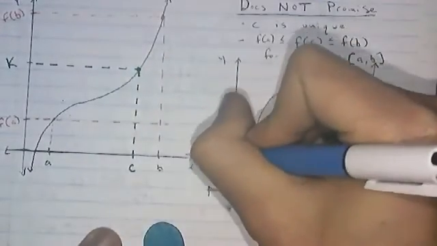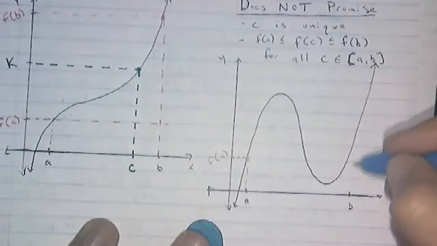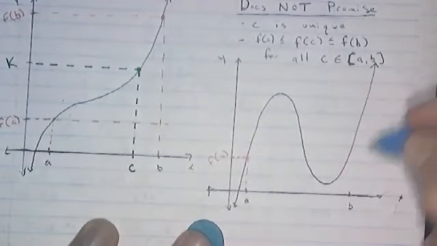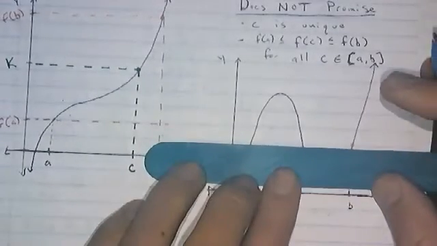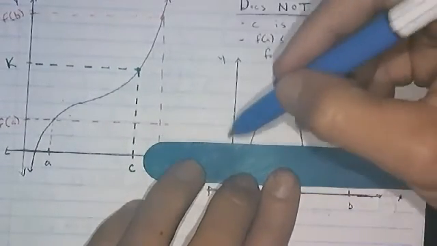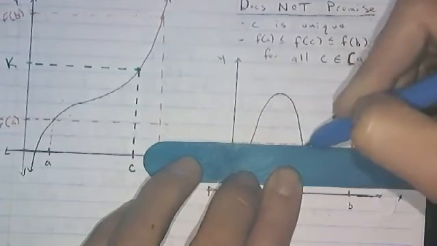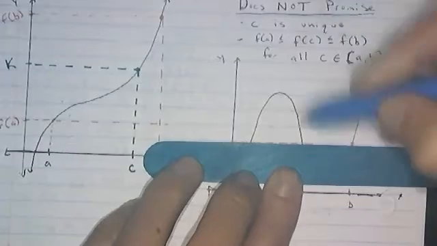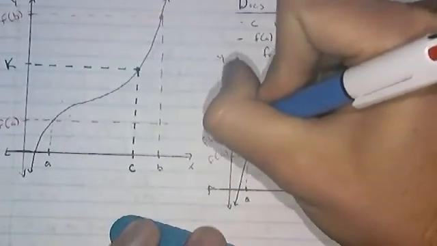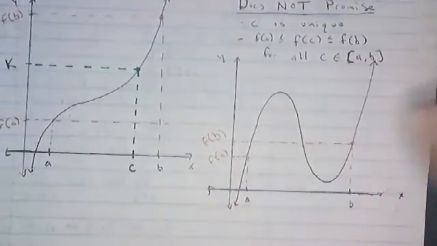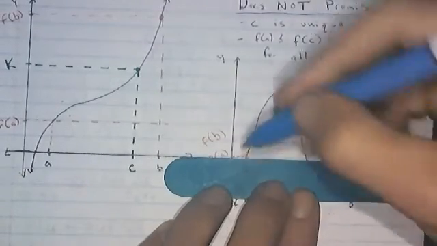And so here is f of A. And is this going to work? Yeah, that'll be fine. Here is f of B. A little bit wider, but oh well.